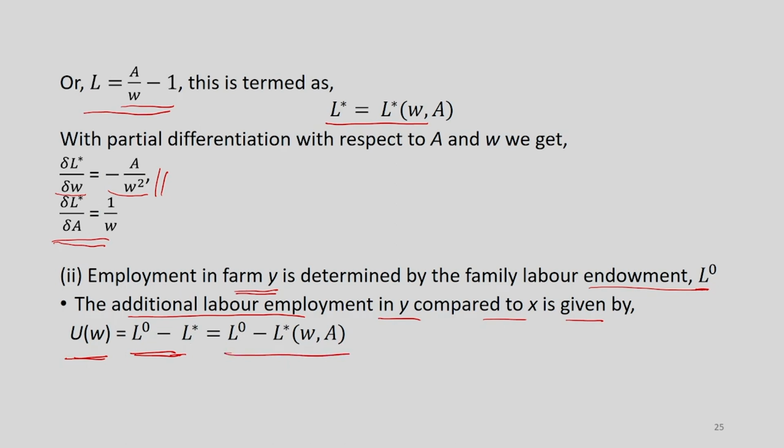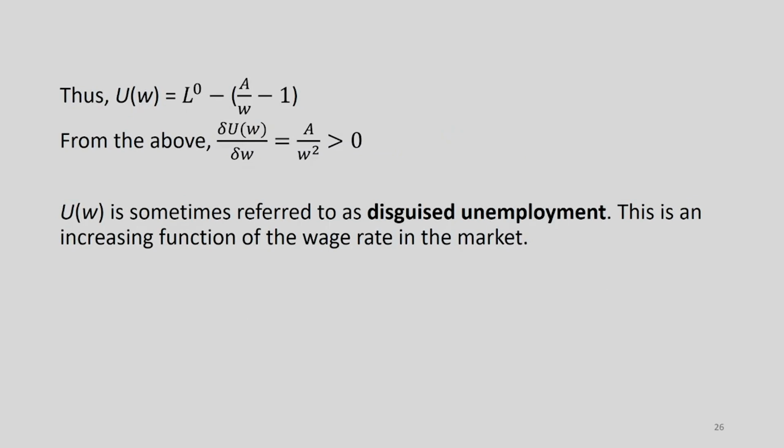UW is equal to a function of W, and I write the expression for L star, which is A divided by W minus 1, and thereafter I take the partial derivative of UW with respect to W, and I get simply A divided by W square, which is positive.